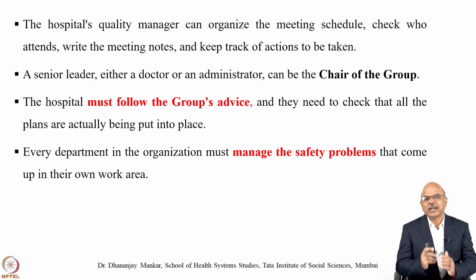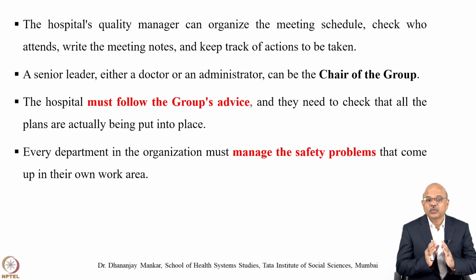The hospital's quality management team can organize the meeting schedule for all this. They could check who attends, write the meeting notes, make the minutes of the meeting, and keep track of actions to be taken. A senior leader, either a doctor, an administrator, or a CMO, can chair the group.